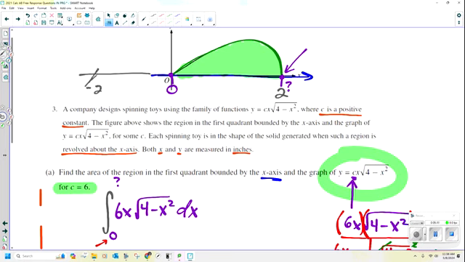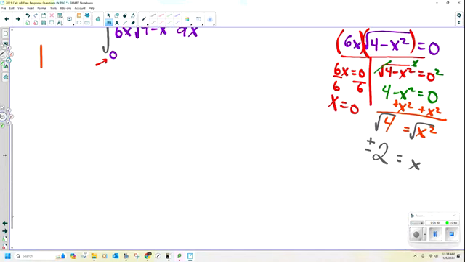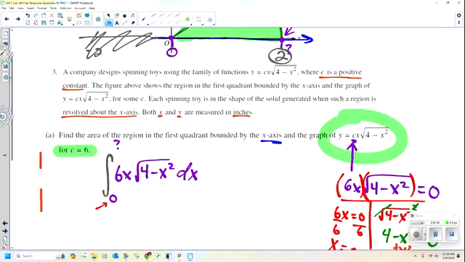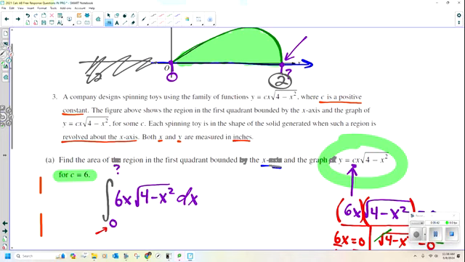But I don't care about this part. So I am going to use only positive 2. But keep in mind, when you're solving things, when you're undoing a square, it's plus and minus. But in our case here, we're only concerned about positive 2. So let me go back up. We have our two bounds, and now we can put a positive 2 on the upper bound of our integral.